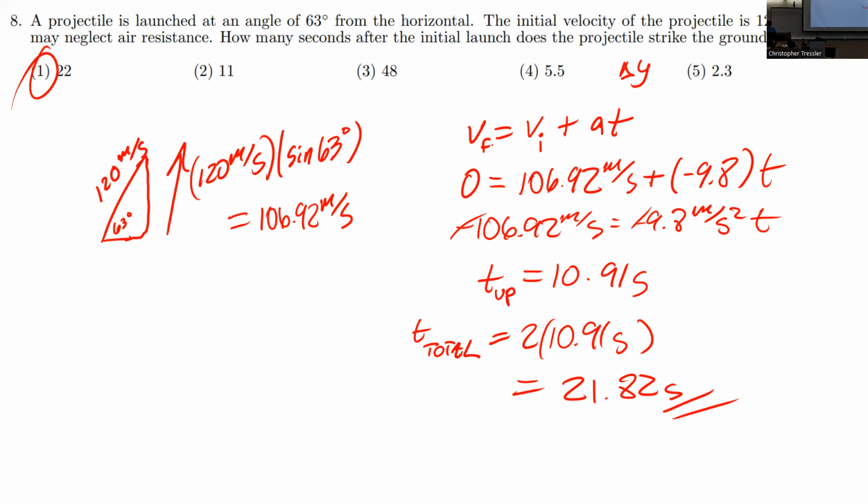Yeah, you could technically add that, but you're right, everything should be in the y direction. Really, the only reason they gave you this 63 degrees and this overall speed was purely to mess with you. You really didn't need to know the horizontal speed at all. So keep that in mind.